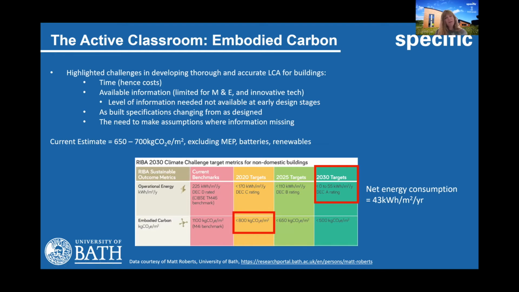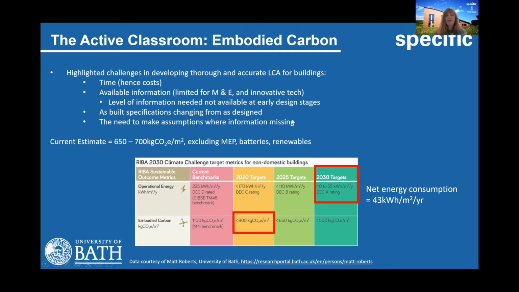Some of the challenges we've encountered so far are worth highlighting. The time it takes to carry out a detailed life cycle analysis is quite a significant chunk of time and hence quite costly. Then there is the available information. There is often limited information for building services, for mechanical and electrical equipment, and also for innovative technology.